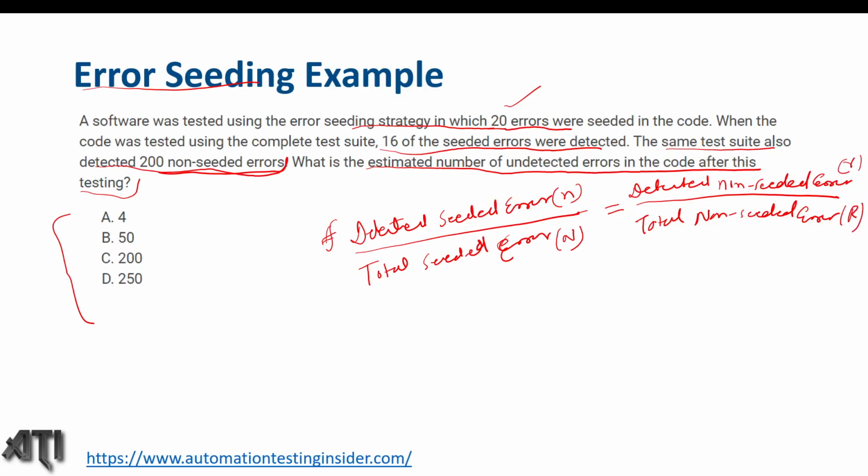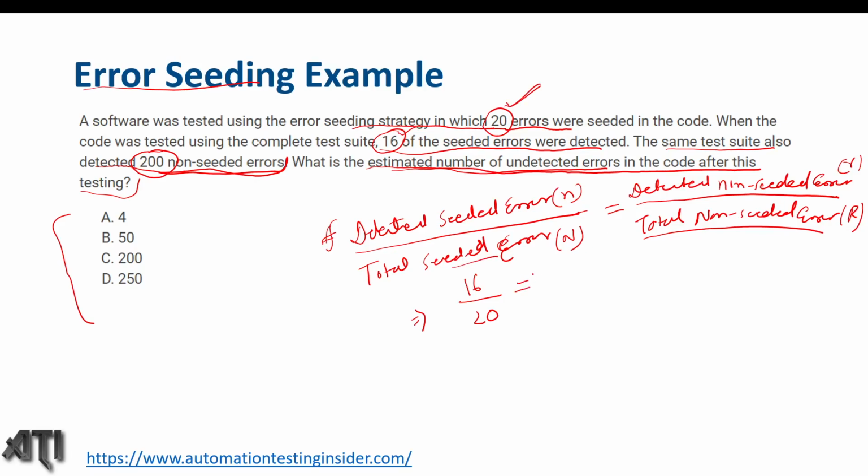You can see detected seeded errors, we have 16, correct? Divided by total seeded errors, we have 20, the errors seeded in the program. Detected non-seeded errors, we have 200. We want the total non-seeded errors first, to derive the estimated number of undetected errors. So we can put the values in the formula: 16, the detected seeded errors, divided by 20, the total seeded errors.